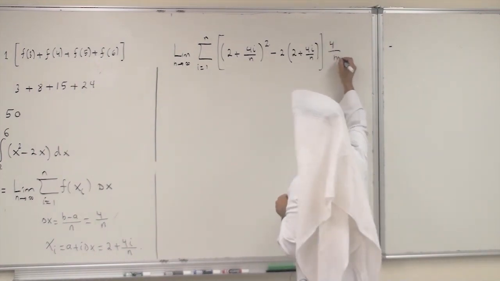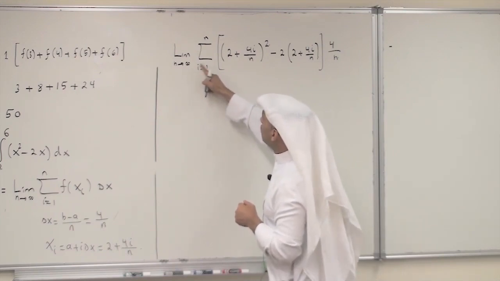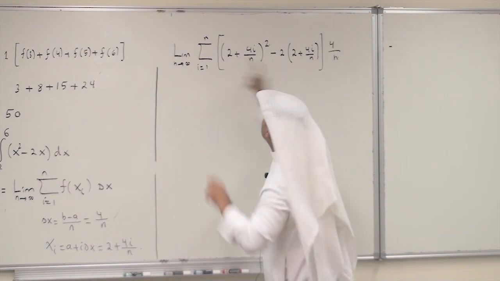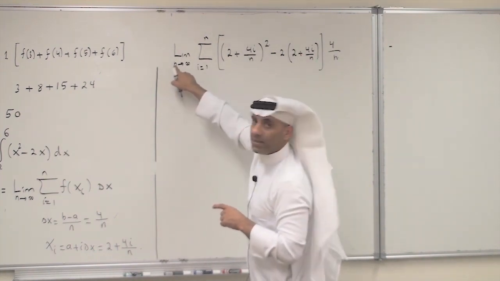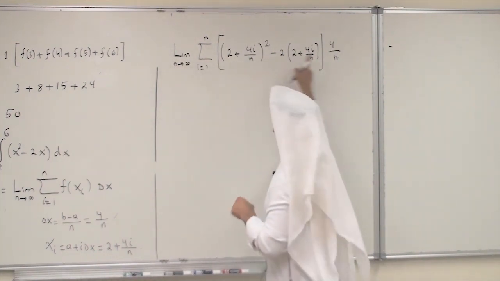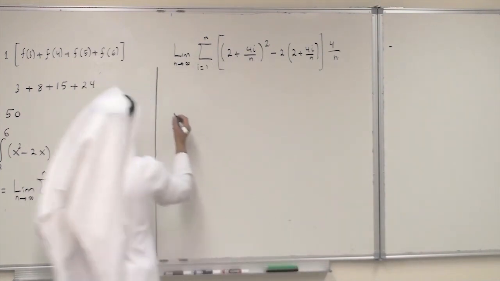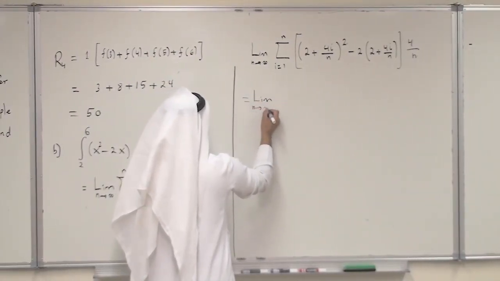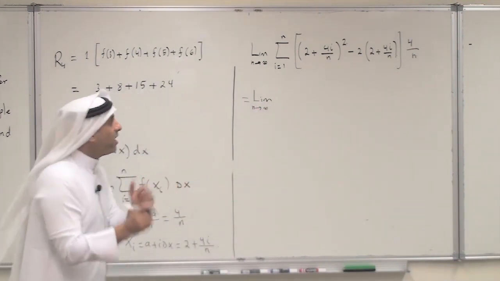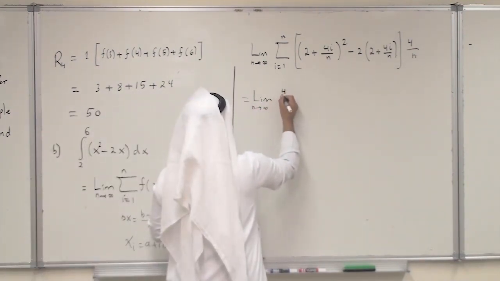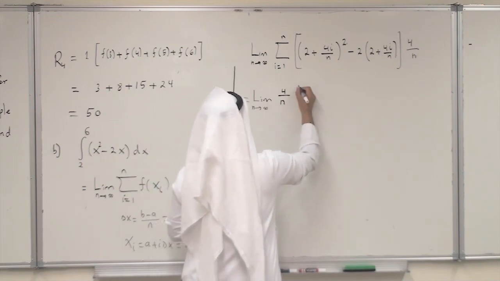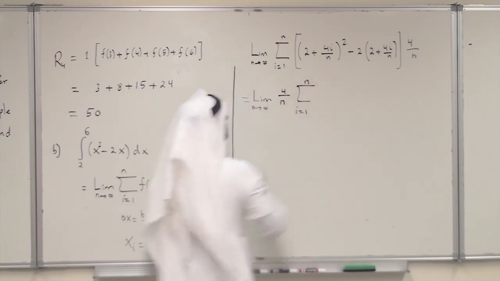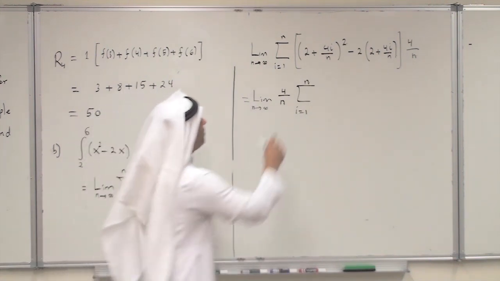Now, look. This is a summation that is running over i, so I can't take this one outside the summation. I cannot take it outside the limit because it is dependent on n. But I can take it outside the summation here. So, simply I will say, this is equal to the limit as n goes to infinity. I'm doing some simplification now. So I will take 4 over n first outside. Then I have summation, i equal to 1 up to n. Now, you need to simplify this.